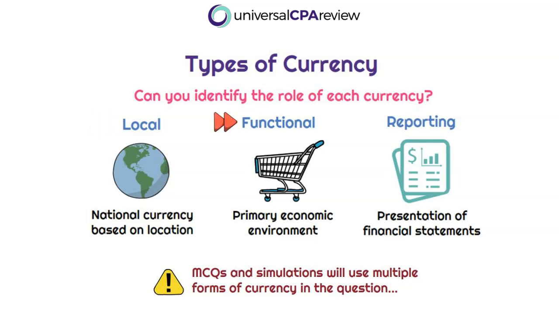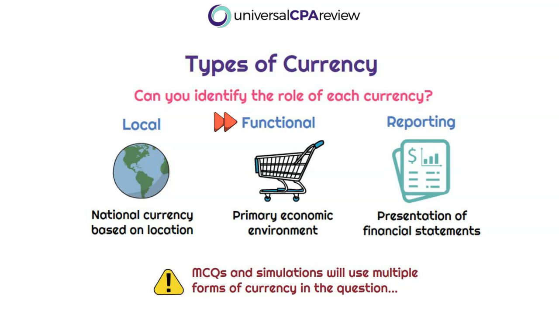Now, how is that different than the functional currency? Well, US GAAP defines the functional currency as the primary economic environment. So sometimes the local currency and the functional currency can be the same, but other times they can be different. When we think about the primary economic environment, that's basically what the company's revenues and expenses are primarily in.